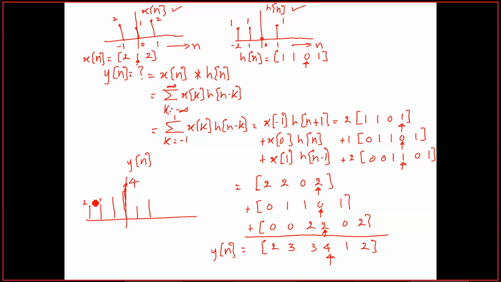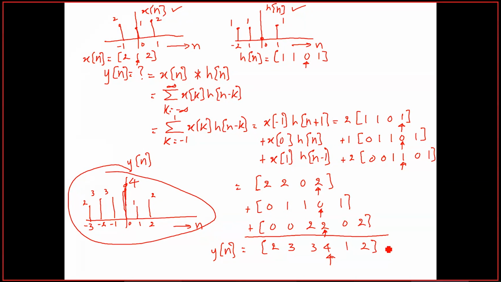So this is 2 3 3 4 1 and 2. This is for index -1 0 1 2 -2 and -3. So y of n plotted would look something like this.